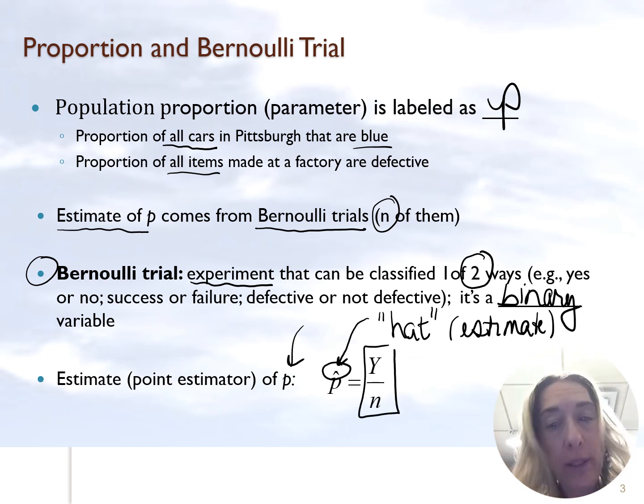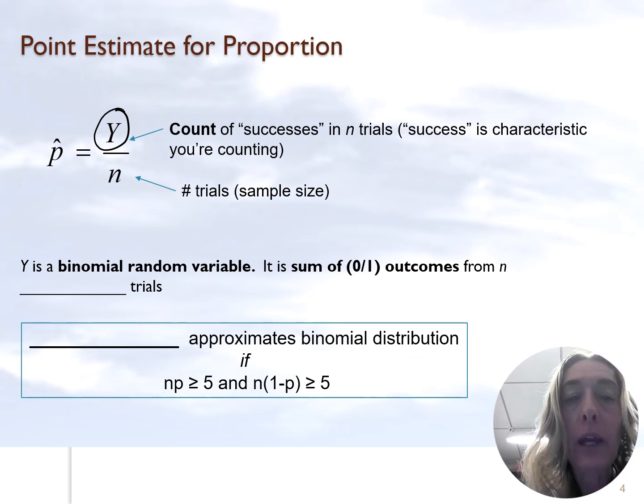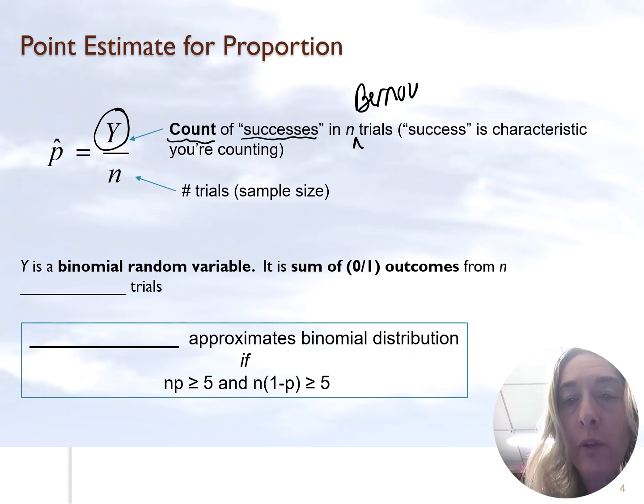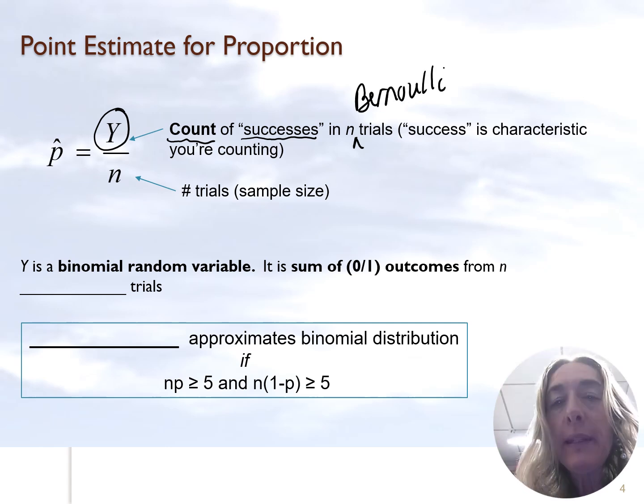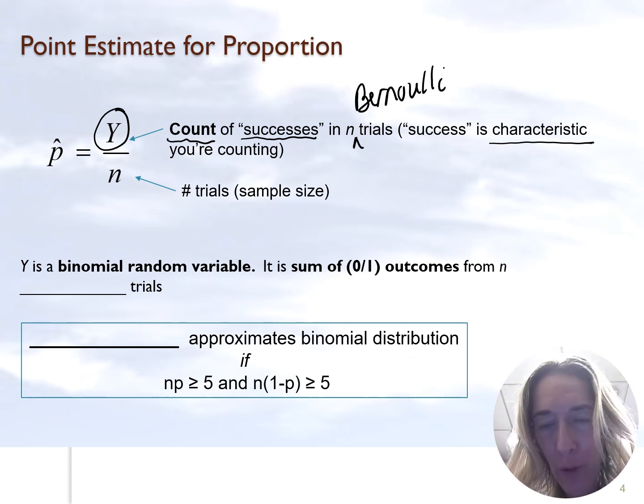So what's y and what's n? In the numerator, we have y. y is a count variable, and specifically, it represents a count of your successes in those n Bernoulli trials. When we say success, think of it as the characteristic that you're interested in counting. It doesn't necessarily have to be a desirable characteristic.